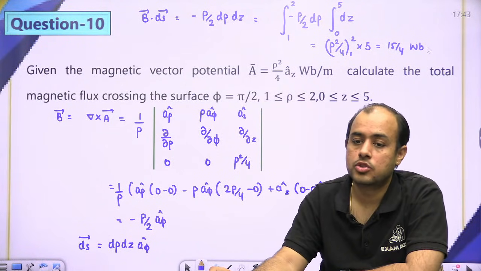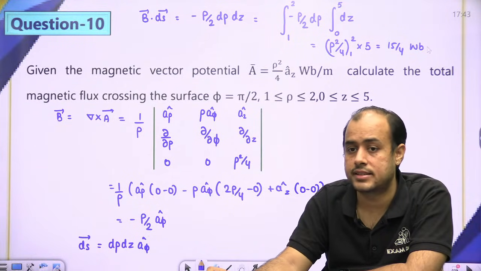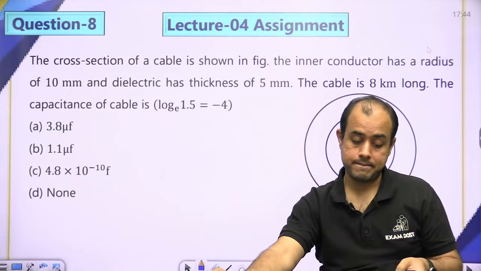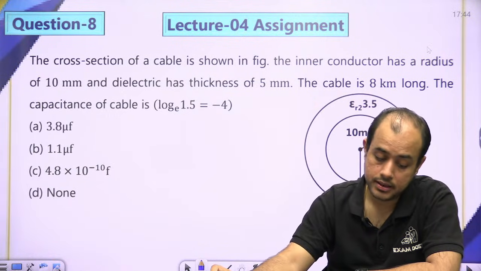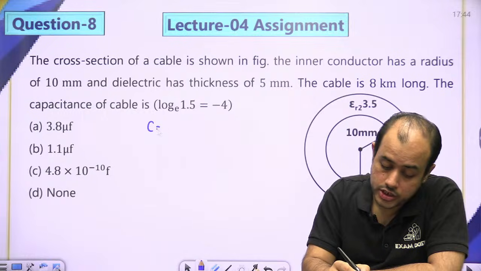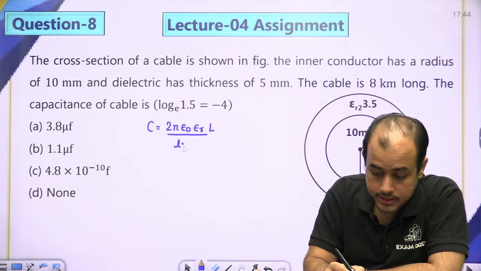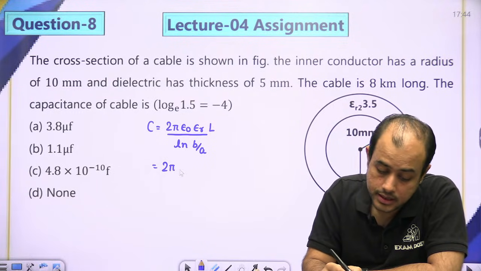चलें फिर. So let's complete some part of assignment that we left yesterday. थोड़ा assignment discuss कर लेते हैं भाई. देखिए, the cross section of a cable is shown. Capacitance. So beta, this is a question that belongs to power system. This is the capacitance, or you can simply say cylindrical capacitor.